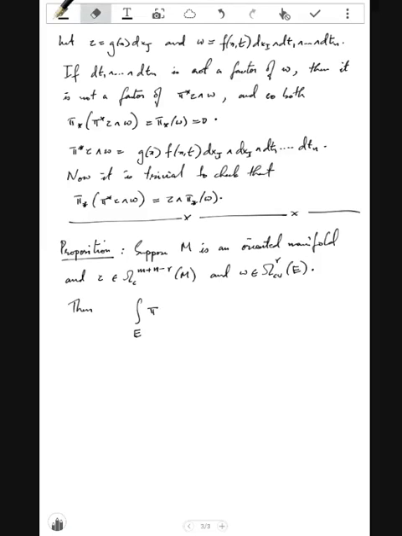Okay, so let E be an oriented vector bundle. So by an earlier lemma, E is an oriented manifold.